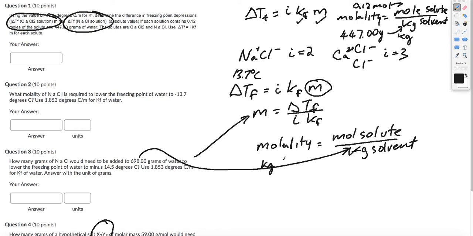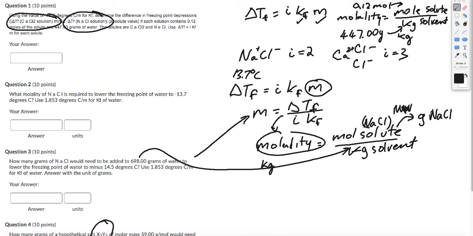We don't have the moles. That's what we'd be looking for, because we already have the molality. We get that from this formula here, and we'd be getting the moles of solute, which is going to be the NaCl, and that's going to be then able to be converted into grams of NaCl, and we do that using the molecular weight.